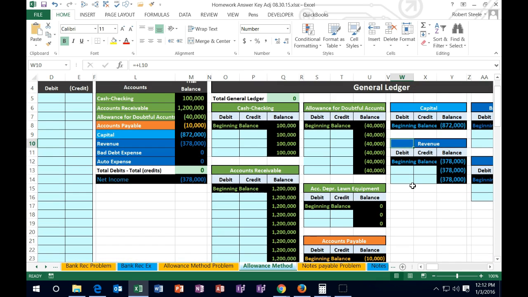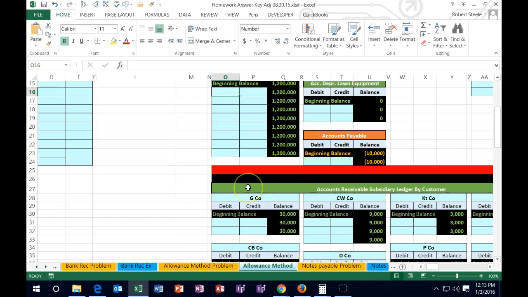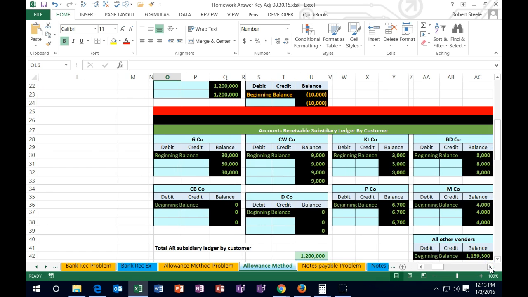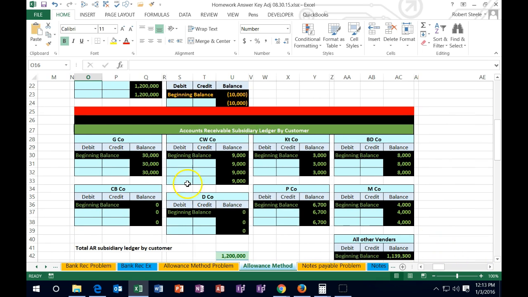So this is going to be similar to the general ledger up here, but by contrast, instead of recording this information just by date as it will be done in the general ledger, we're going to record it by customer down here. So we're going to need to know that in order to be able to account for customers that cannot pay. And so these are going to be the customers in names.